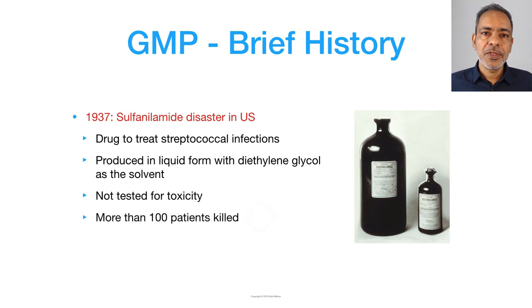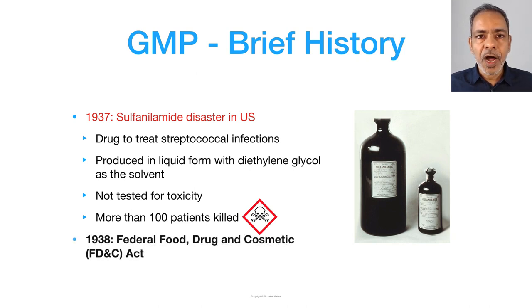It turned out that the new drug was toxic because of diethylene glycol and killed more than 100 patients in the United States in 1937. The public outcry caused by this incident and other similar incidents led to the passing of the 1938 Federal Food, Drug and Cosmetic Act.